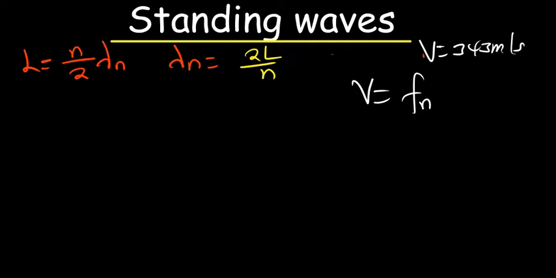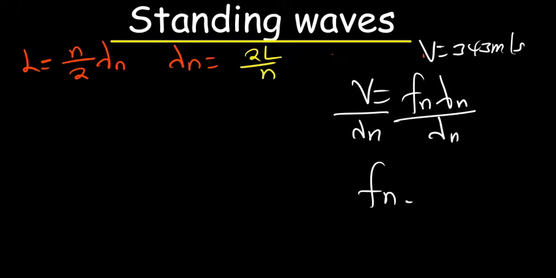If n is equal to 2, I'm talking about the second. If n is equal to 3, I'm talking about the third harmonic. So I also say lambda n. We want to make frequency the subject of the formula. Let's divide both sides by lambda n. So the frequency f n will be equal to V divided by lambda n.